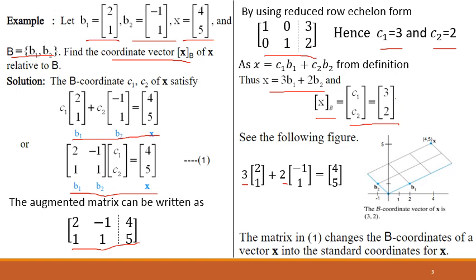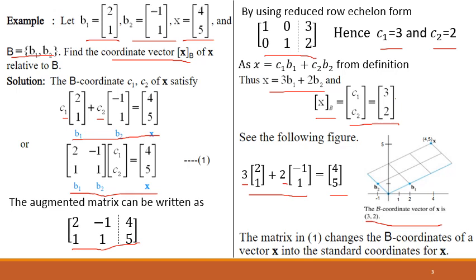If I put these values in this equation, the left hand side would be equal to the right hand side. Look at this figure. Here we have vector b1.